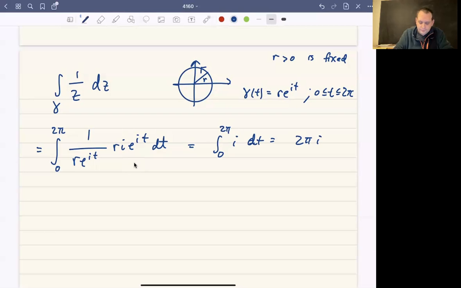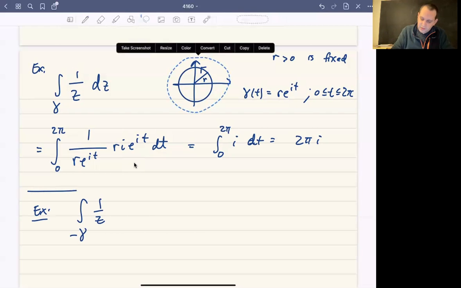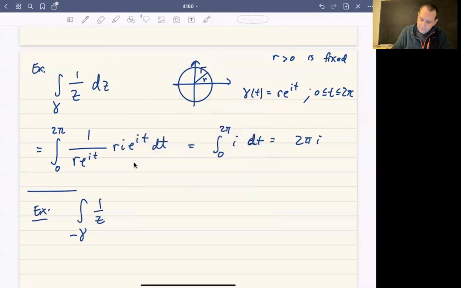Let's do one more. Let's also evaluate the same integral, 1 over z, over what I'm going to call minus gamma. And so what that's going to be is the same curve except oriented backwards. So instead of going counterclockwise, we'll go clockwise. So this is going to be the same curve, just oriented the other way.